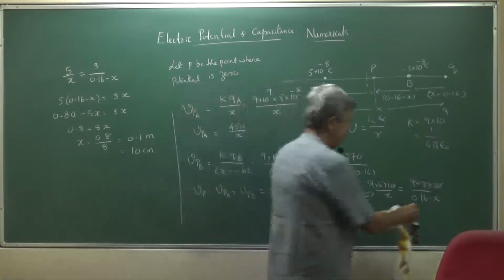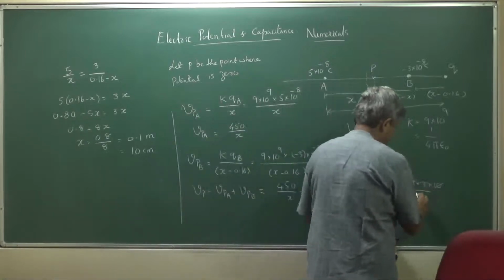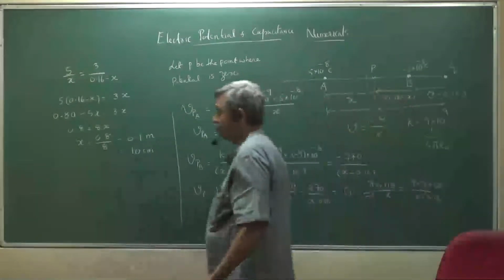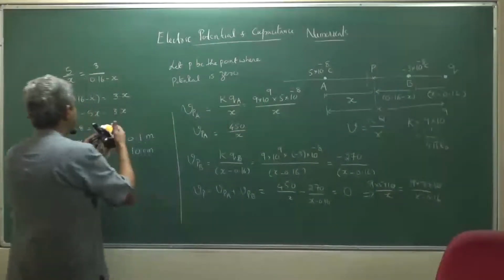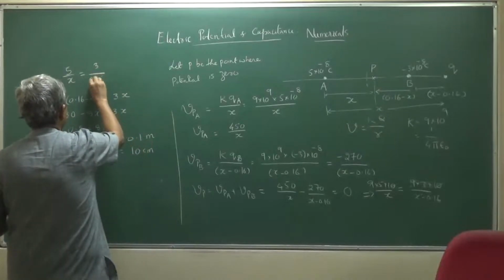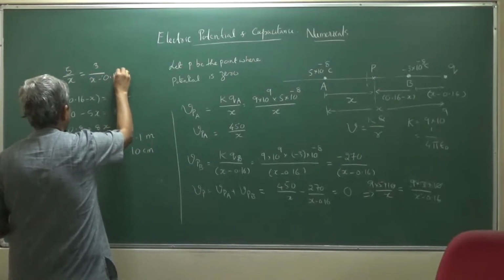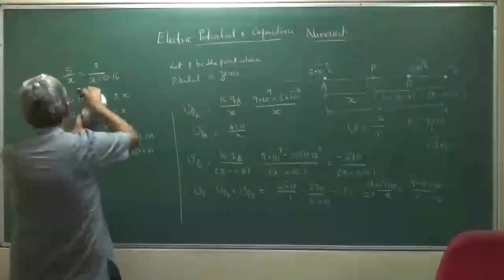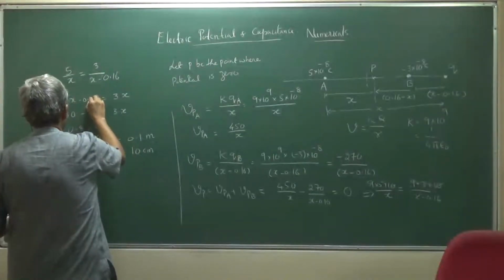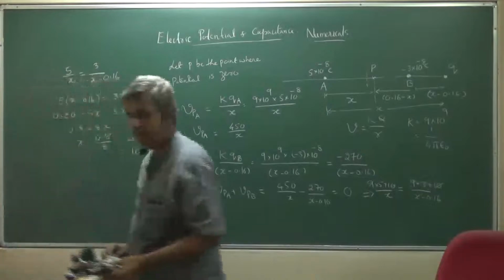So here again, same thing. The numerator you can see is not getting changed at all. Only the denominator is getting changed. So this also will now become x minus 0.16. I hope you are understanding what we are doing.